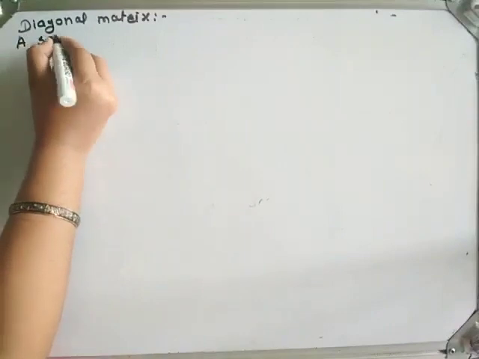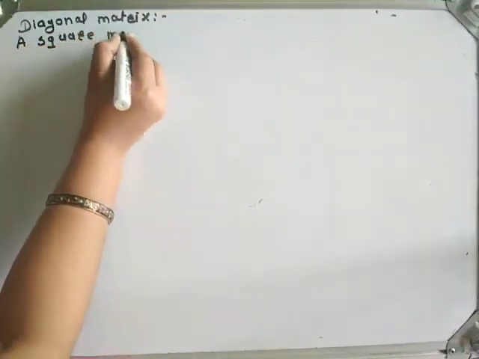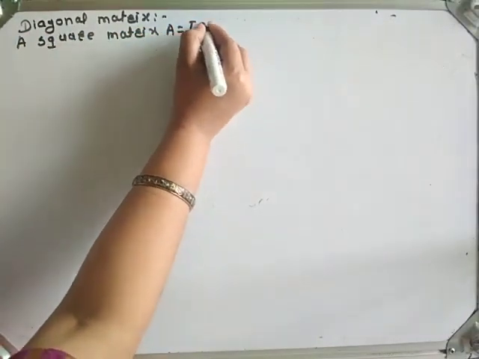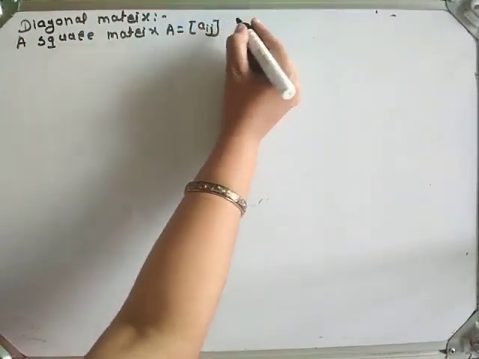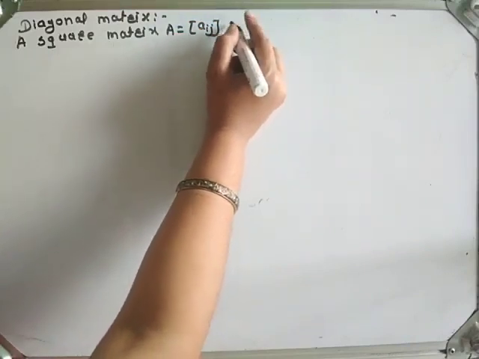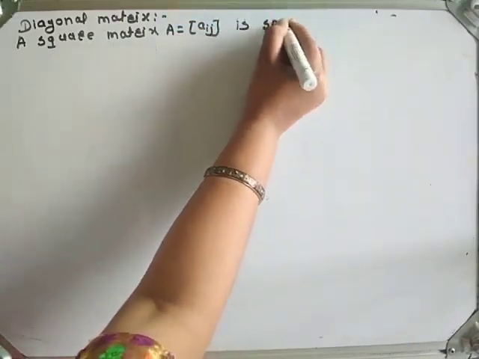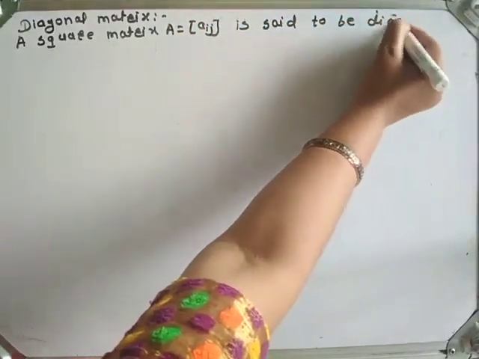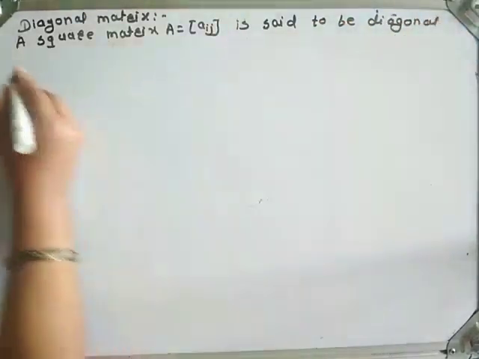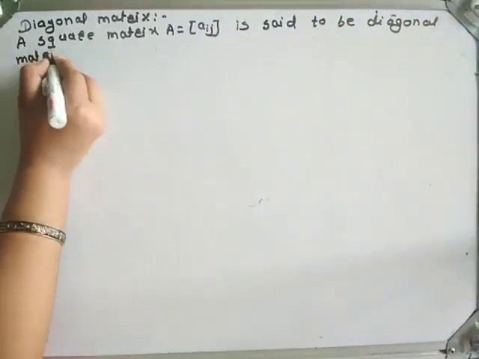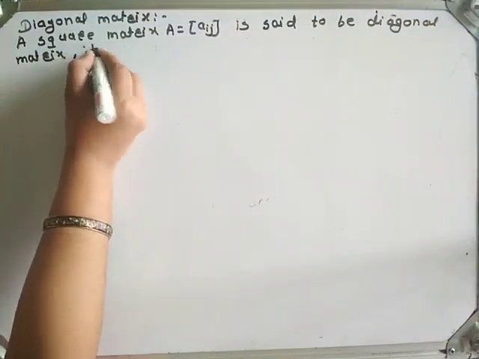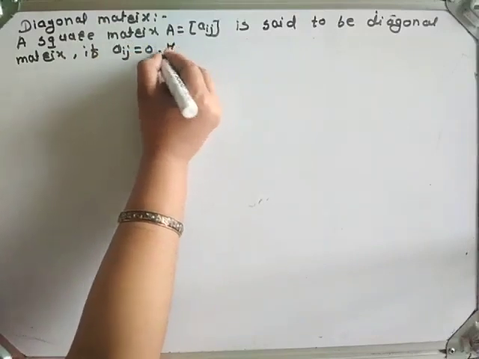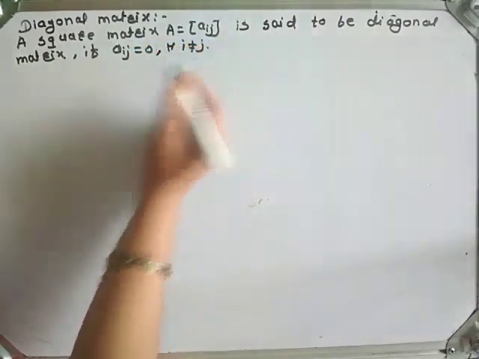A square matrix A equal to the matrix Aij is said to be a diagonal matrix if Aij is equal to 0 for all i not equal to j.